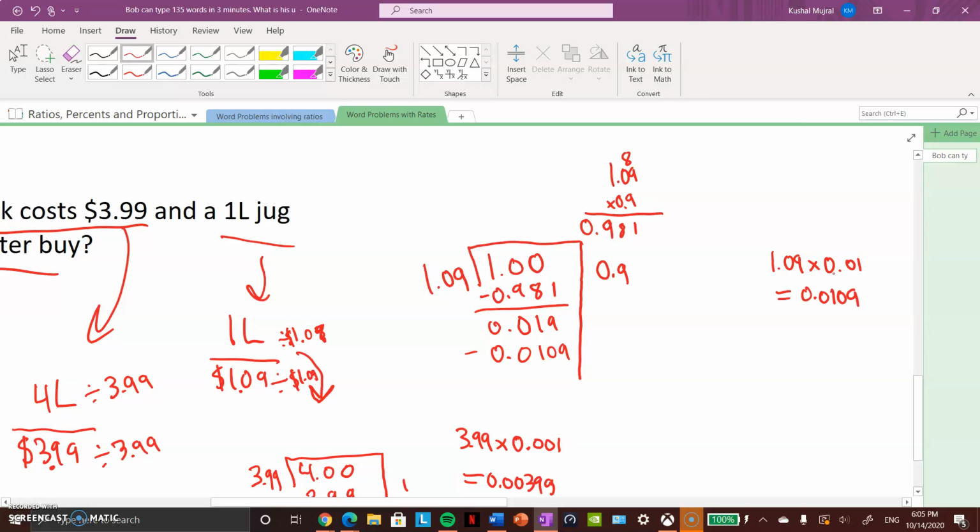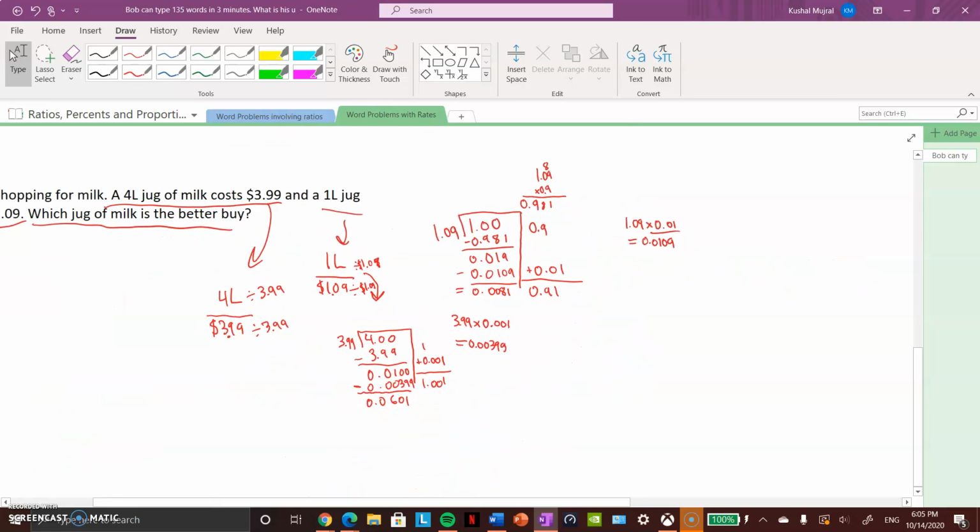So then we're adding plus 0.01, and then this equals 0.0081. You could do that by yourself there. And then we're left with 0.91.